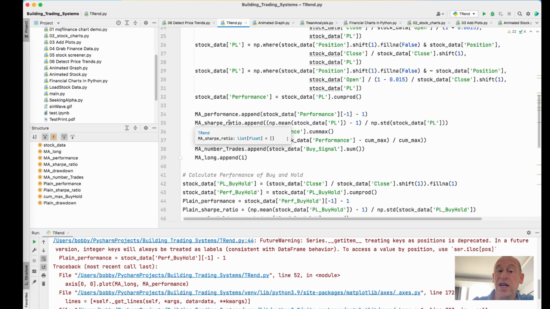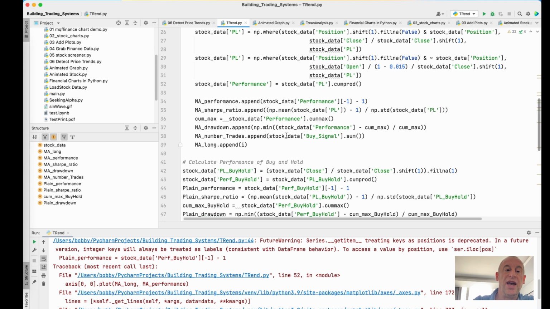Then I also calculate the Sharpe ratio. That means performance per unit of risk. For that, I take the daily performance divided by the standard deviation of the performance. And then I also calculate the drawdown.